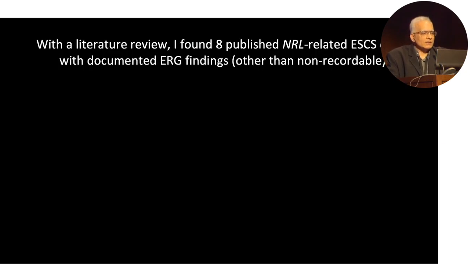So when I looked at the literature at patients with NR2E3 mutations who had ERGs published, I couldn't find any with a documented electronegative ERG. Then I looked for the NRL cases, and I found 8 published NRL cases with documented ERG findings other than non-recordable.